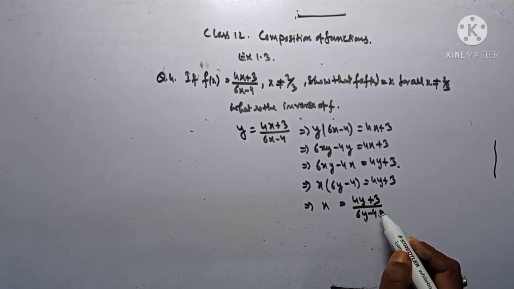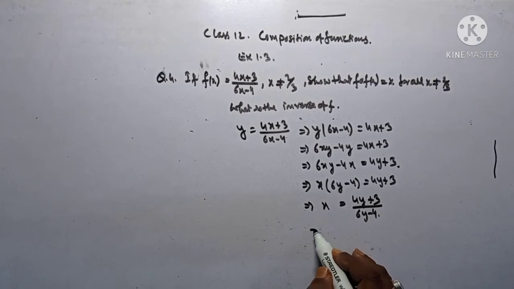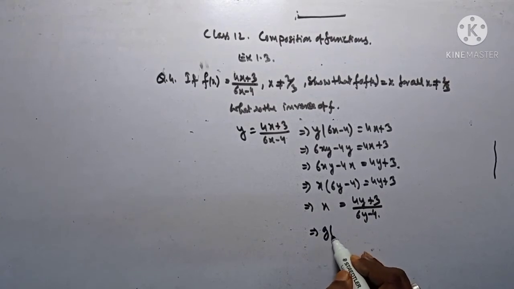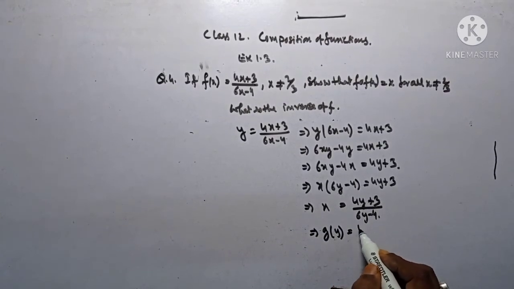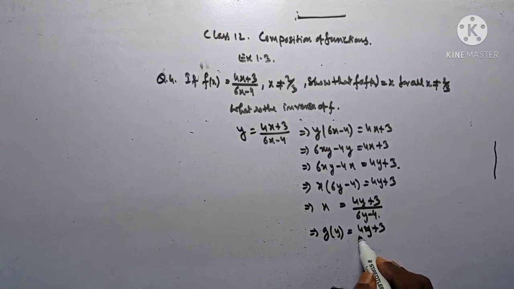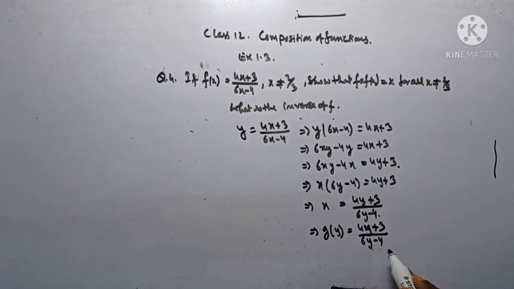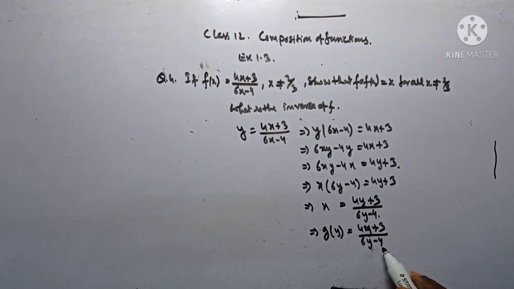So this is your x. We can say that this is a function of y, that is (4y plus 3) by (6y minus 4), or this is f inverse.